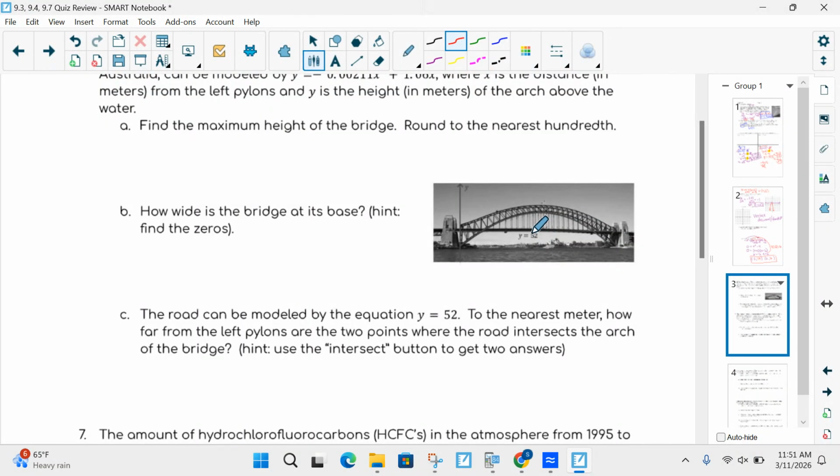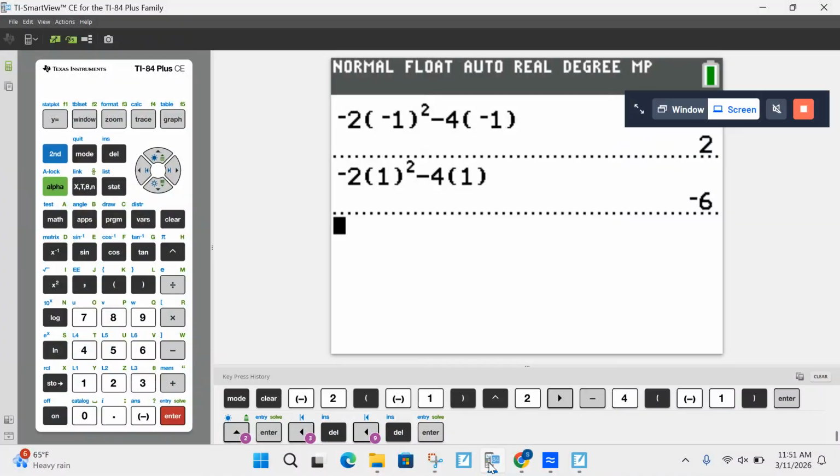Okay. So we have an equation here that tells us what the bridge looks like. So we're going to type it into our y equals.